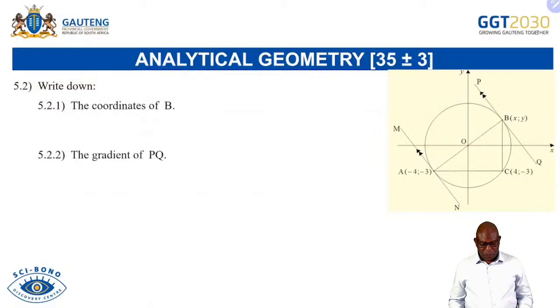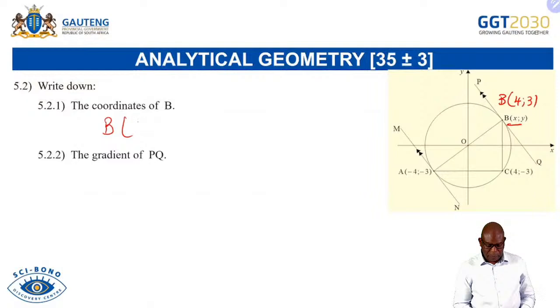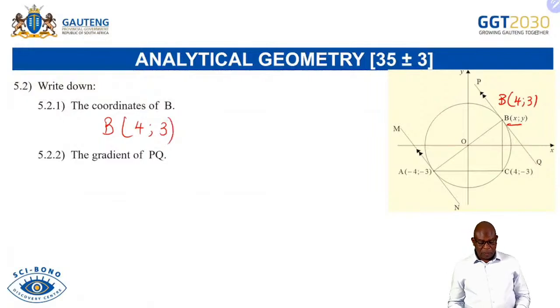Write down the coordinates of B. Oh, I think we already got the coordinates of B here. So the coordinates of B, we said, are going to be 4 and 3. And they said write down. You see, they did not say determine that. But I think with the gradient of PQ, write down the gradient of PQ.